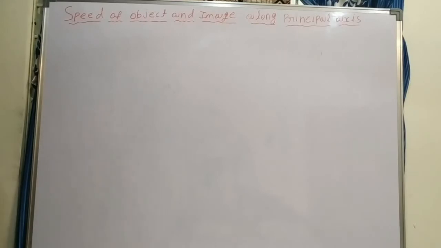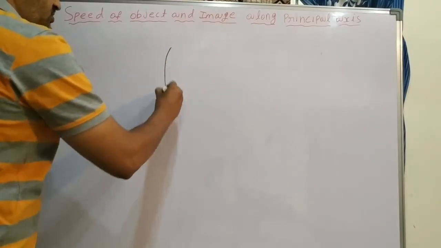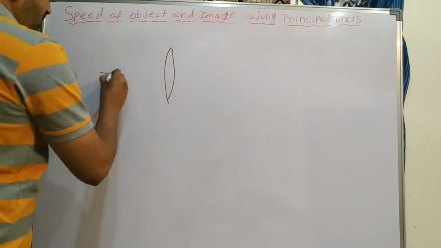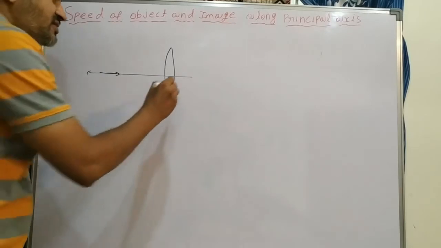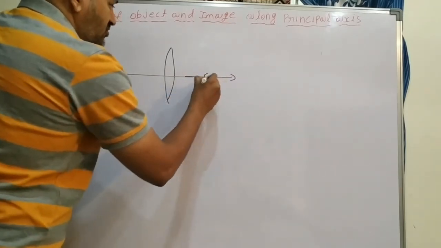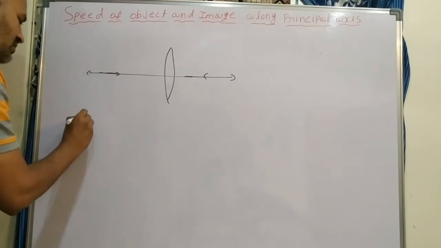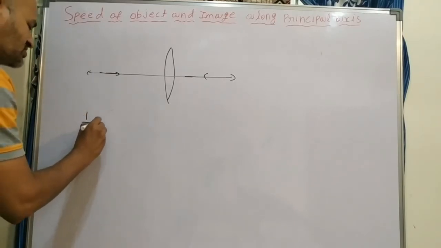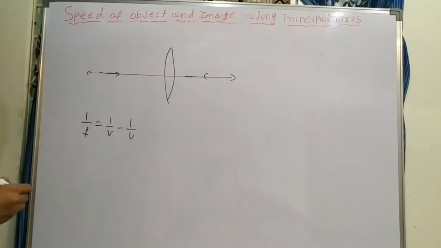Now, say the speed of the object and image along the principal axis of the lens. Suppose this is the lens and the object is moving towards or away from the lens, and the image also moves. So what is the relation between object distance and image distance? That is 1 by v minus 1 by u.